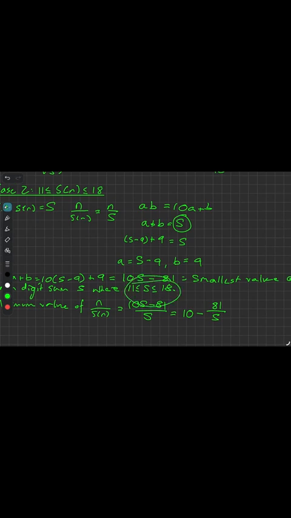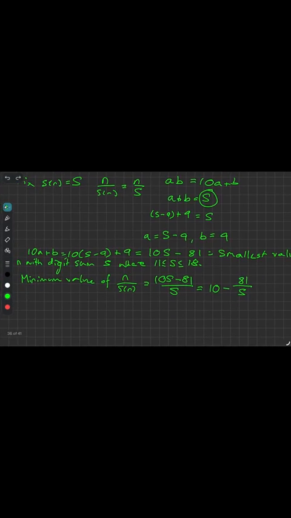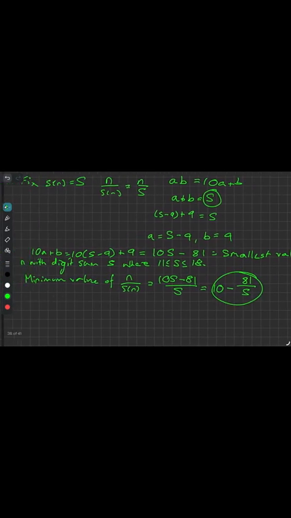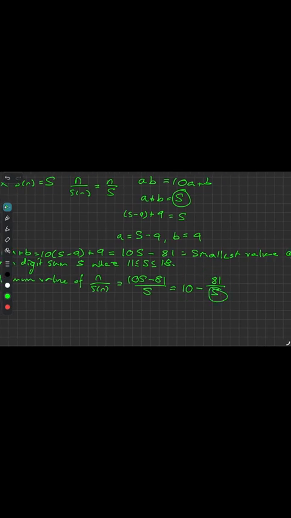However, we have to have s between 11 and 18, because that's the case that we're working with here. So we can't have s being any smaller than 11. And of course, the smaller the denominator, the larger the fraction is here, because the numerator is constant. So essentially the smallest value of n divided by s of n is going to occur when s is equal to 11, because that gives this being the largest possible thing, and then 10 minus that being the smallest possible thing.